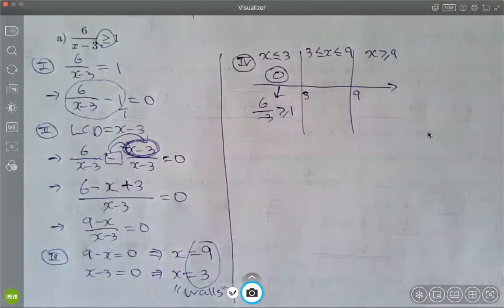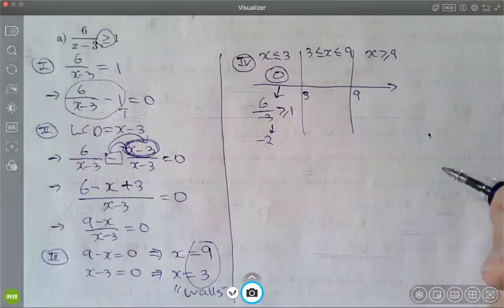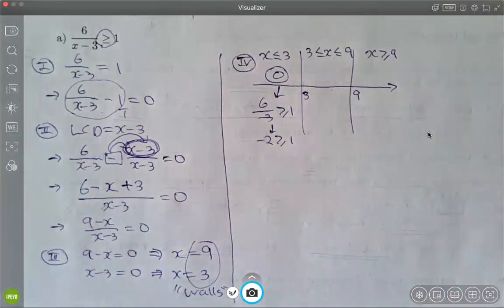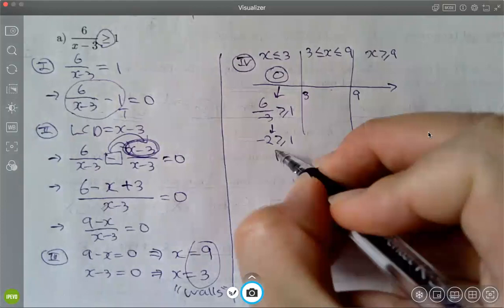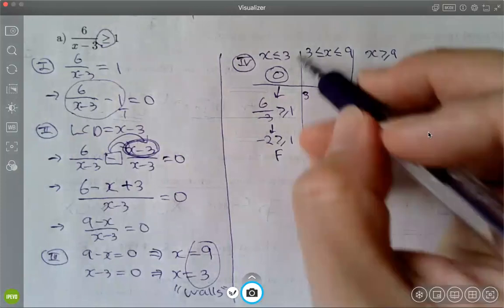And now what is 6 over negative 3? Negative 2, right? So negative 2 is greater than or equal to 1. And this is what? False, right? So that's false. What does that mean? The left region is out.